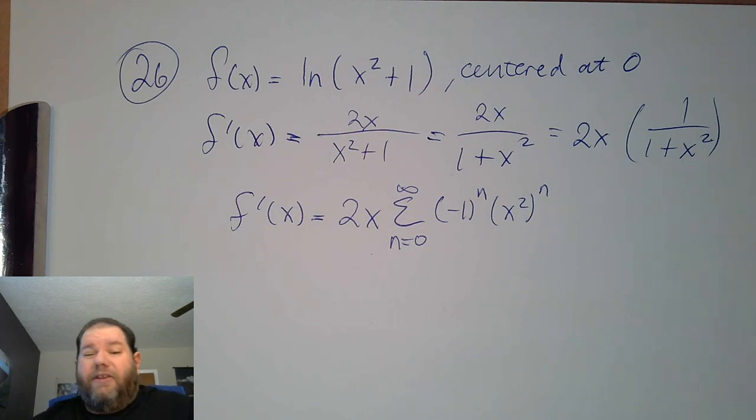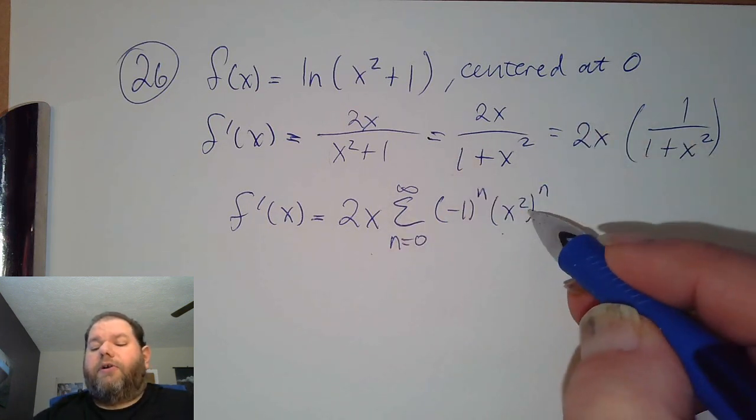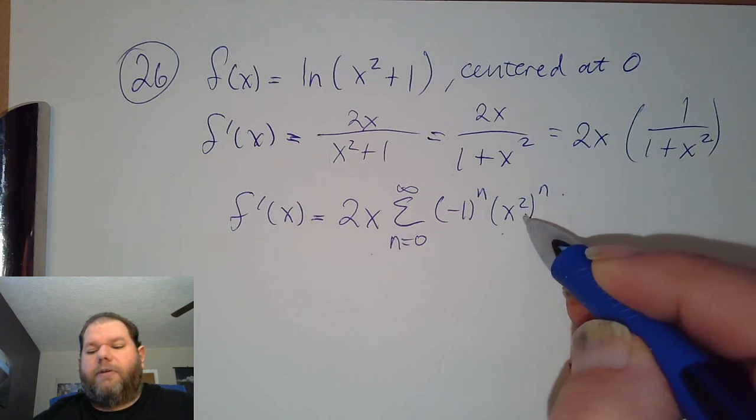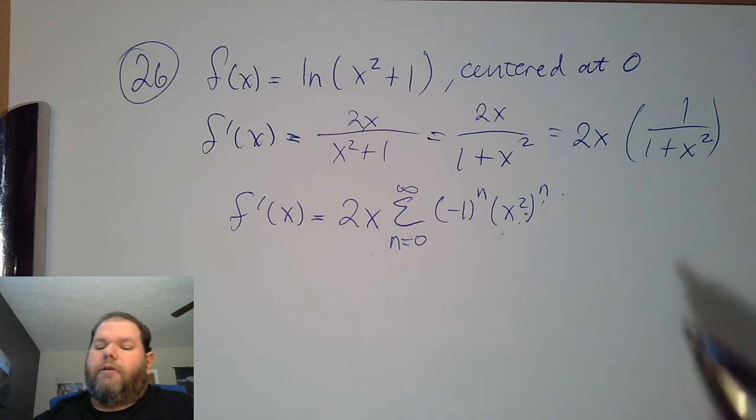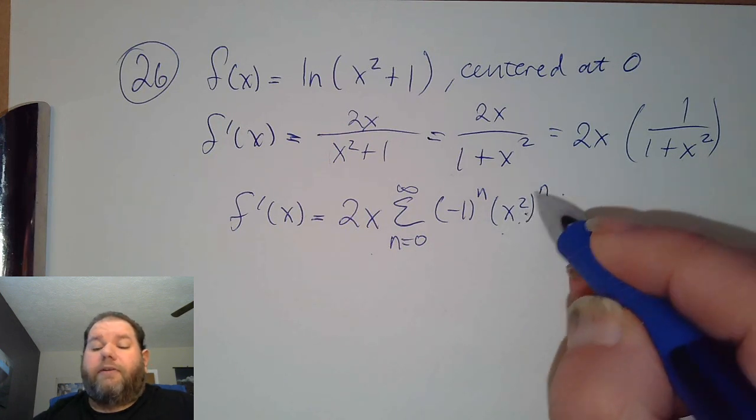Now, this one, it turns out we can simplify a bit, and actually, there's going to be another step here, but before we get to that, I absolutely recommend that we simplify this. X squared to the n is kind of messy because we have something raised to a power raised to another power. But again, we know we can simplify this to x to the 2n.